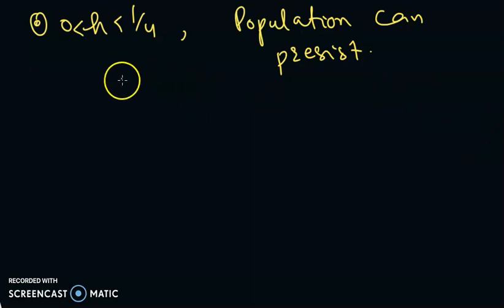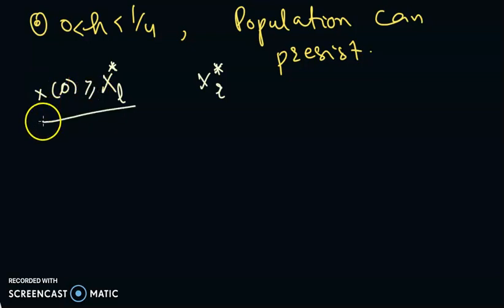This is because in this case we have two equilibrium solutions: x star of left, which is a source, and x star of right, which is a sink. So indeed x of 0, the initial population, has to be greater than or equal to this, so that the population may converge to this and remain resistant in the long run.